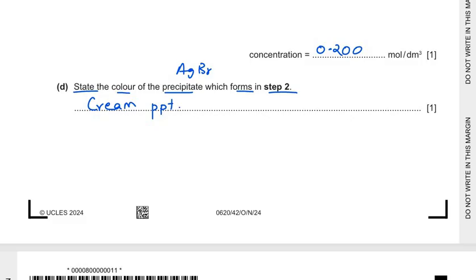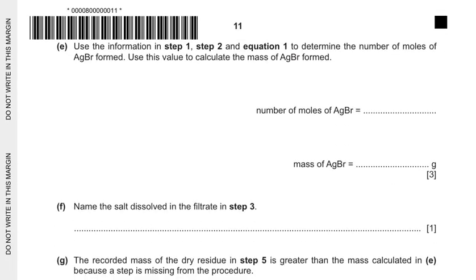Okay, let's see the next part. Use the information in step 1 and step 2 and equation 1 to determine the number of moles of silver bromide formed. Use this value to calculate the mass of silver bromide formed. It shows first calculate the moles of silver bromide formed from step 1 and step 2.